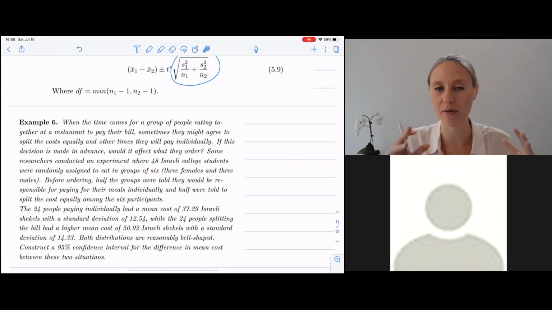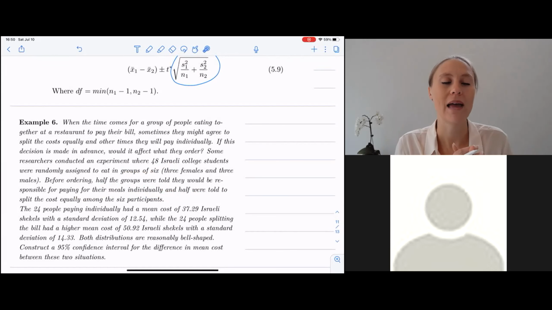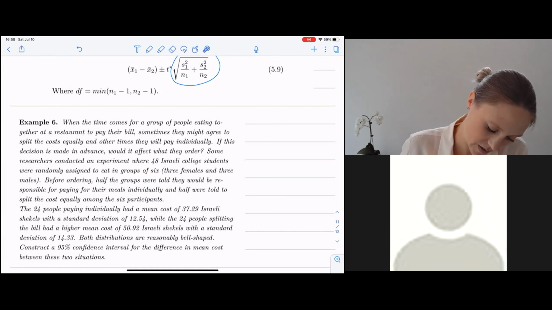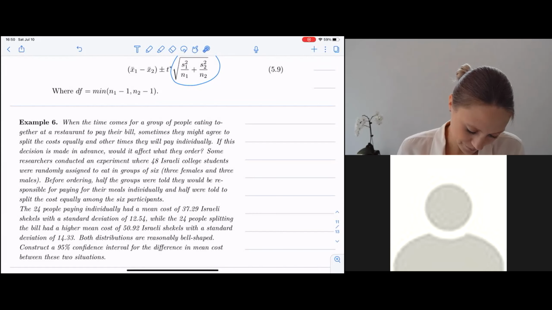So you've been randomly assigned to some group, and you're told either to pay for your own meals, so order based off of that, or to split it, go have your meals.